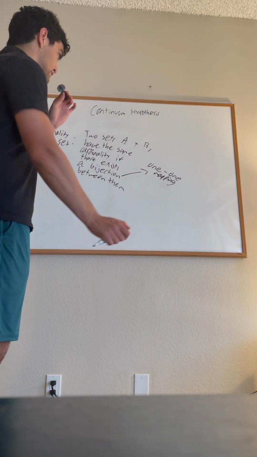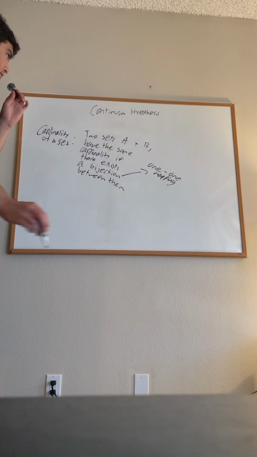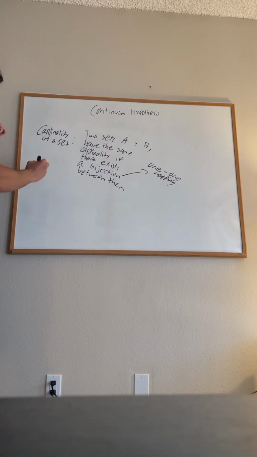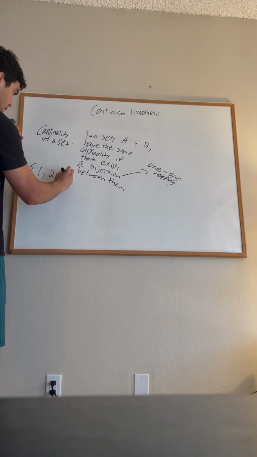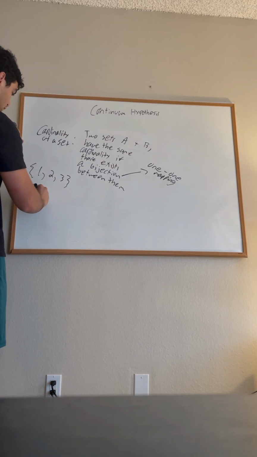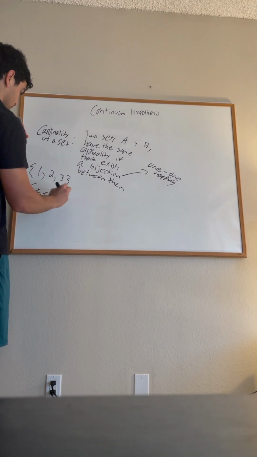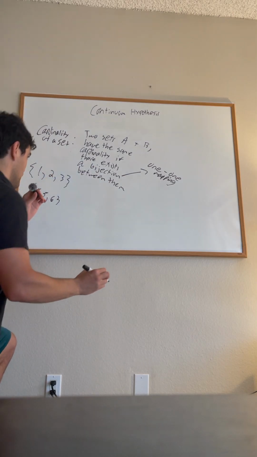So let's, I'm going to keep this up. I guess I'll go over here. So looking back at our sets before, we had 1, 2, 3, and 4, 5, 6, right?